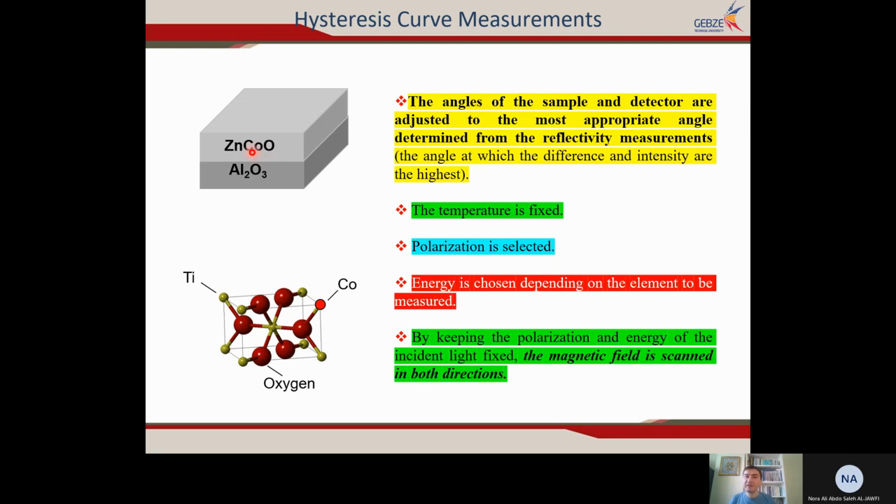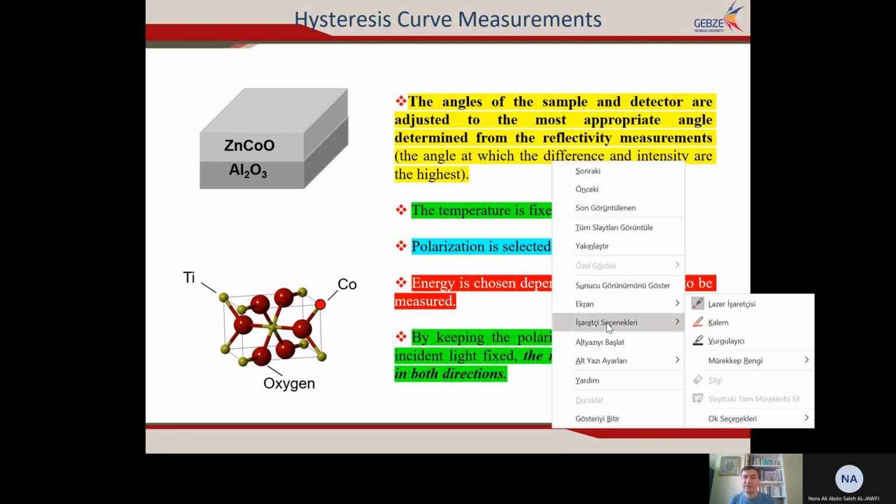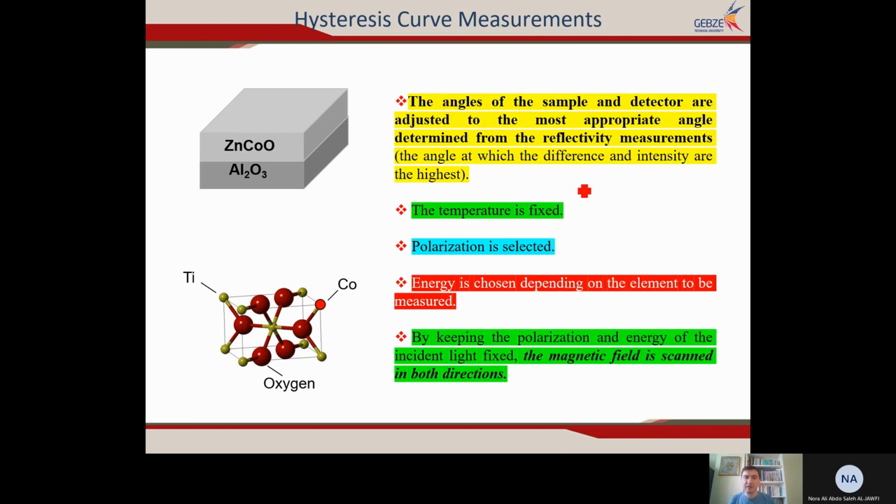And by using the XRMS method, I can investigate the magnetization, the hysteresis curve, of each element within the material separately, okay? This is very important. How do we carry out these experiments? Again, you have to fix theta and 2 theta. Select certain 2 theta and theta angles.